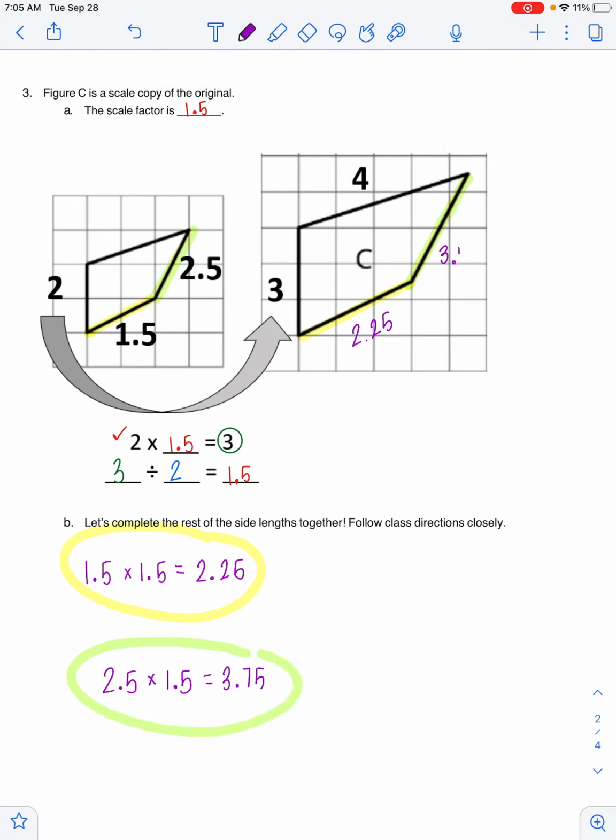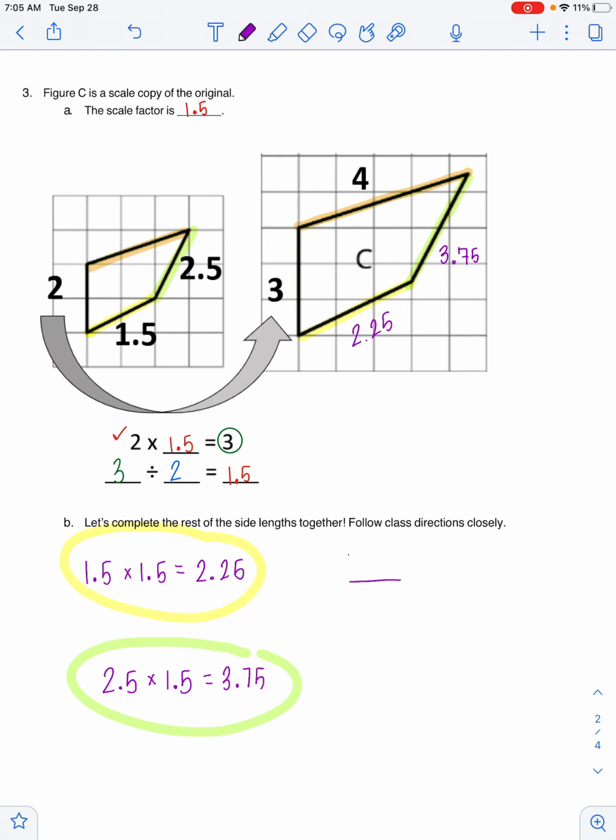Now, this final side length is a little bit trickier. We'll label it in orange, because we're multiplying some mystery number times our scale factor, 1.5, to get the original side length. So, in other words, some mystery number here times 1.5 equals 4.